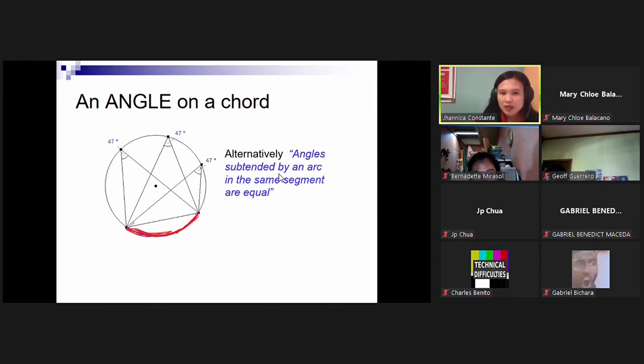As you can see, they have the same arc, which is this one. That's the arc the three triangles are sharing. So if there is no chord, for example, we erase this chord, one way to identify that the three angles are equal is by looking at the arc. Okay?